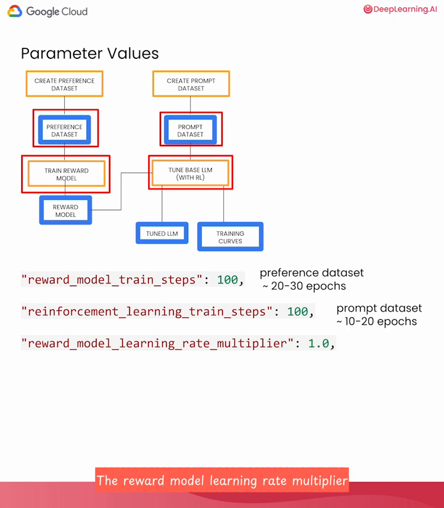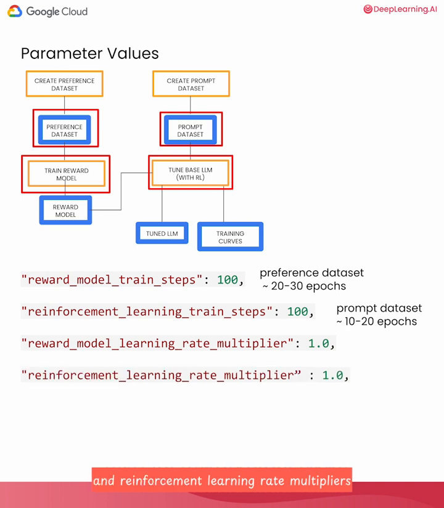The reward model learning rate multiplier and reinforcement learning rate multipliers are constants that you can use to adjust the base learning rate when either training the reward model or during the reinforcement learning loop. You can't actually adjust the learning rate itself, and that's because generally you want the learning rate to match the learning rate that was used to train the base large language model, and you might not know that off the top of your head.